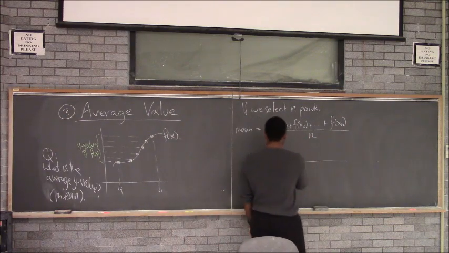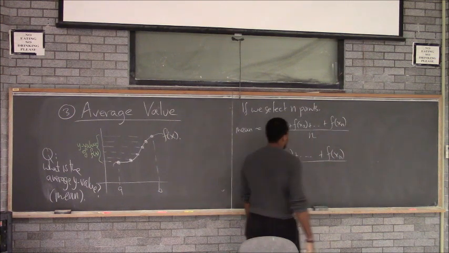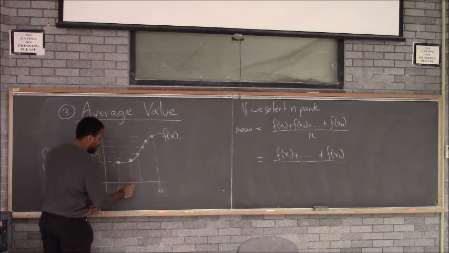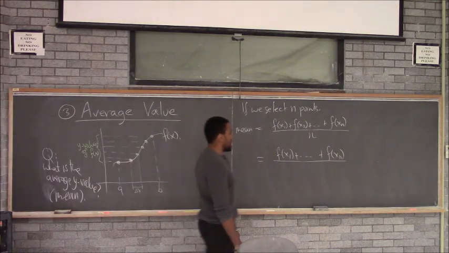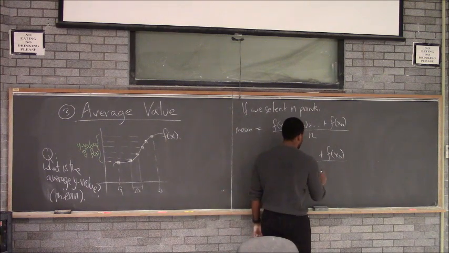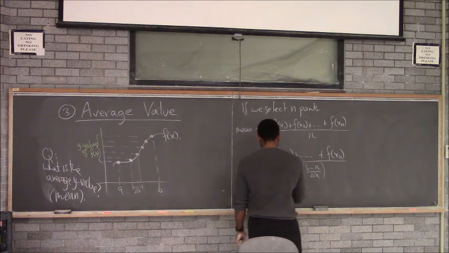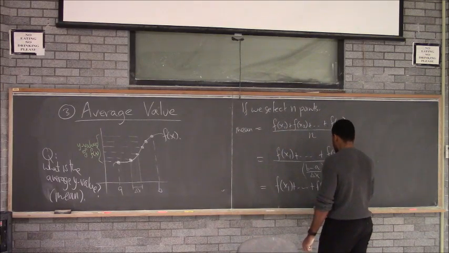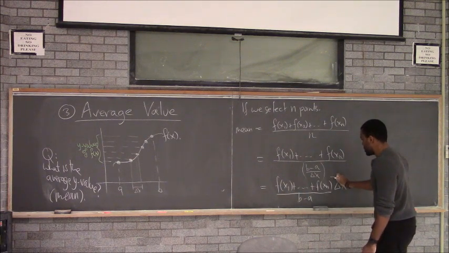But if we look at how these points are separated, remember that delta x is b minus a over n, therefore n would be b minus a over delta x, using a previous formula, which means I will be able to flip this, keep, change, flip. And then delta x comes on top and multiplies everybody.